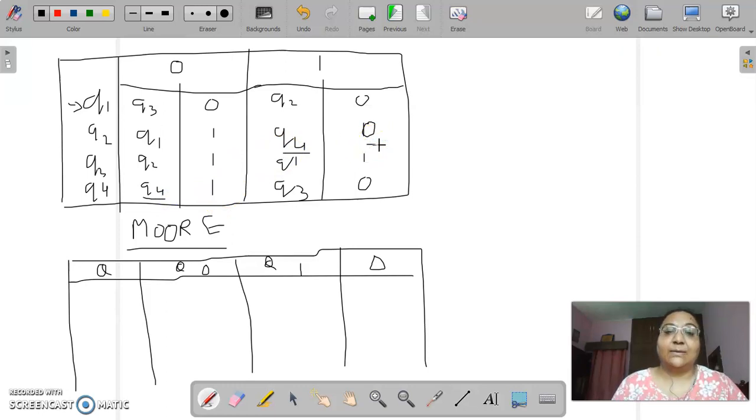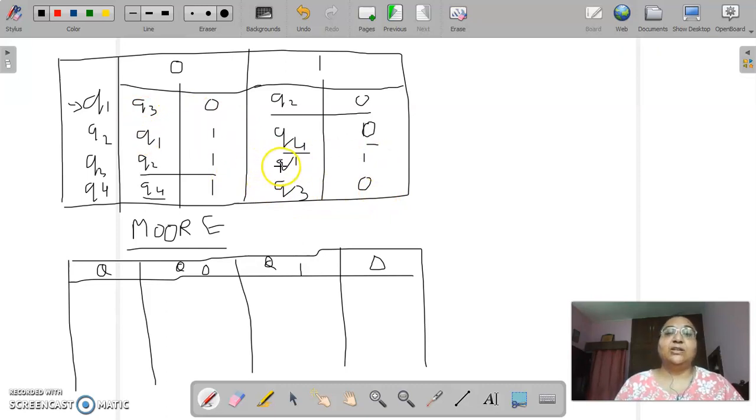In the previous example we had the same output for the same state, but here for Q4 we have one output as 1 and another output as 0. Similarly, for the state of Q2 we have an output of 1 in one instance and output of 0 in another instance. And when we see for Q3, the outputs are same, and for Q1 the outputs are same.